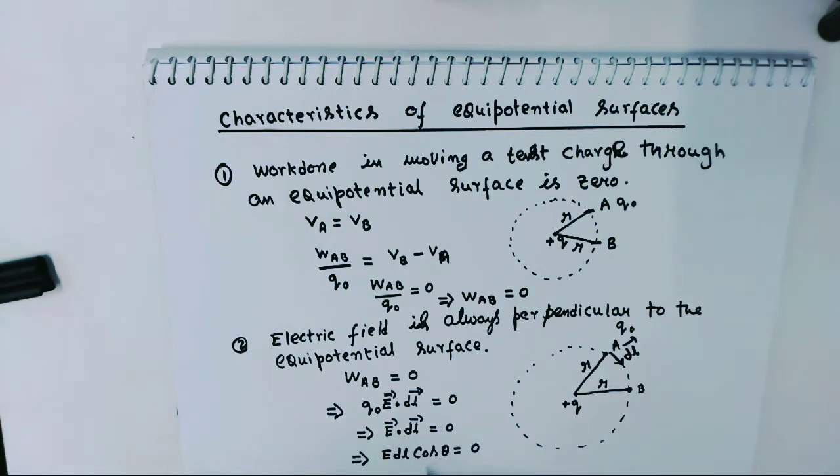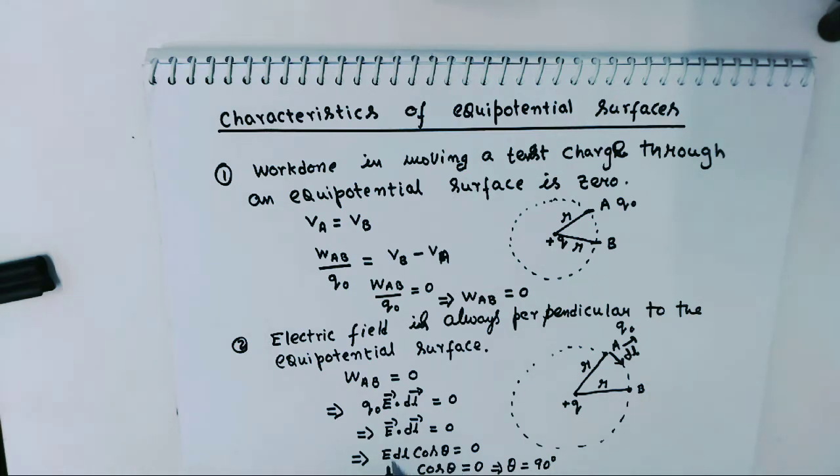The only possibility for it to be 0 is cos theta equal to 0. So cos theta equal to 0 means theta equals 90 degrees. So what is theta? Theta here is the angle between E and dl.